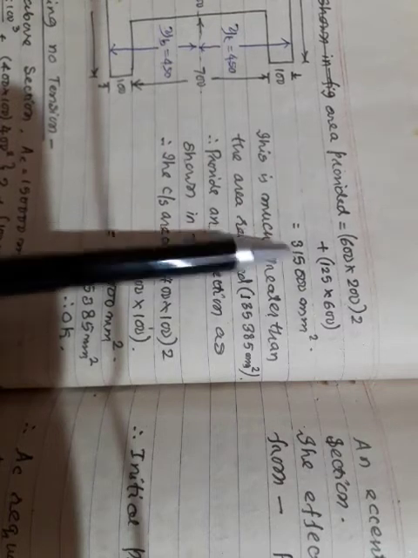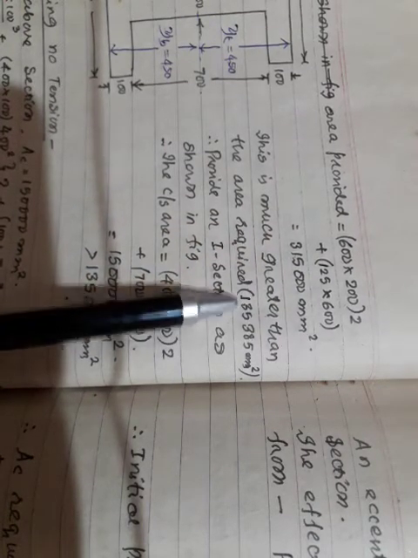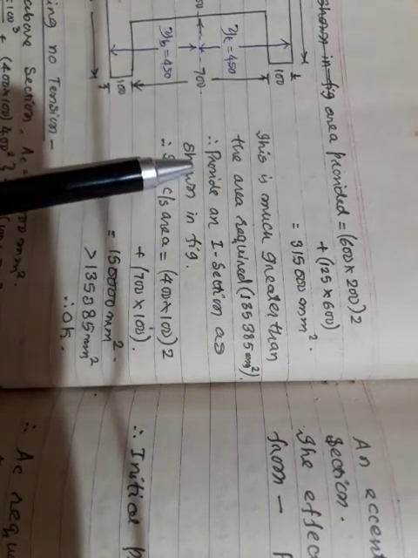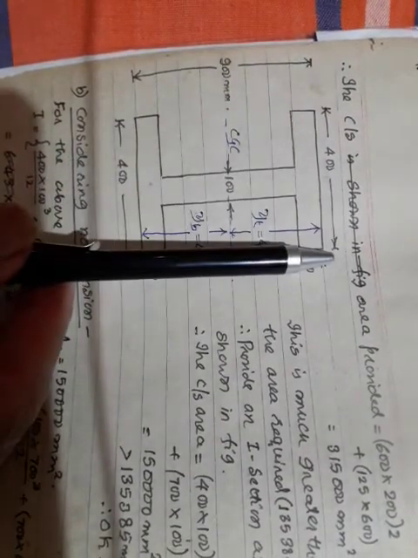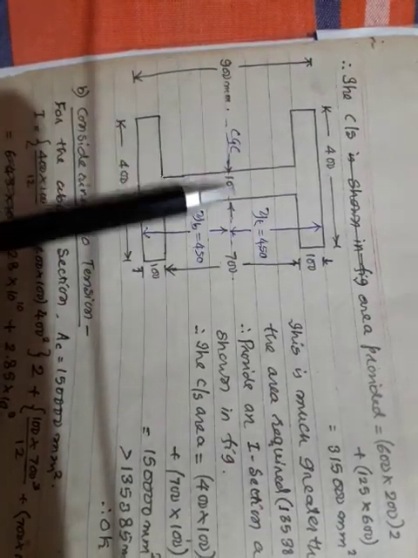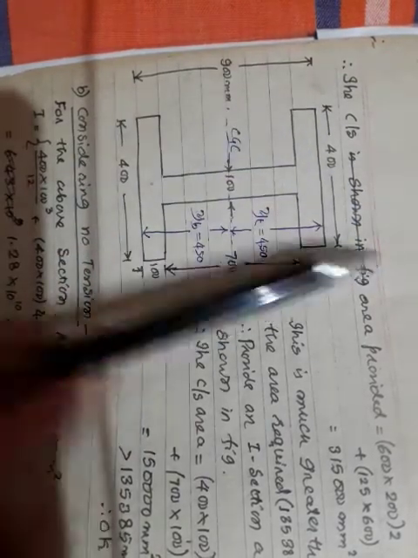I will reduce the section so that the I section becomes nearly equal to the required area. I am going to give an I section as shown in the figure. I am going to reduce the flange width, the overall depth and the thickness of the web, so that I get the reduced area.